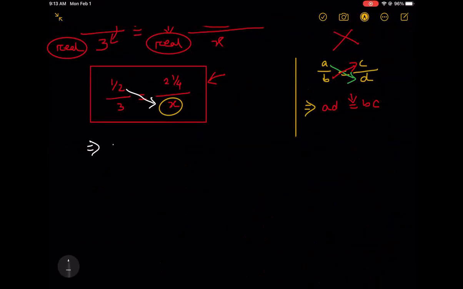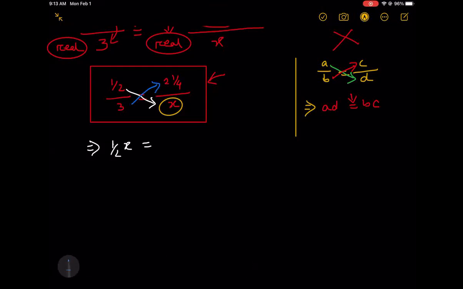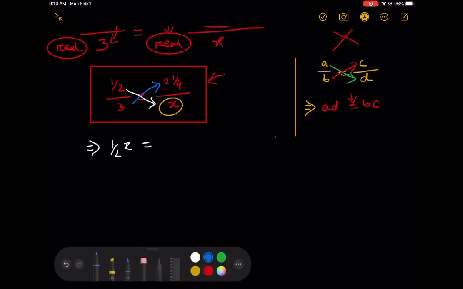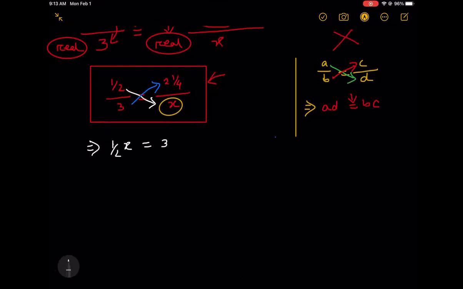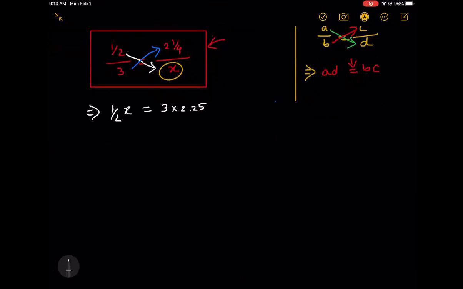So it will be half times x, and it will be 3 times 2 1/4. So it will be 3 times, I'm going to use 2.25. And now this looks much easier, but still the x is not really isolated.